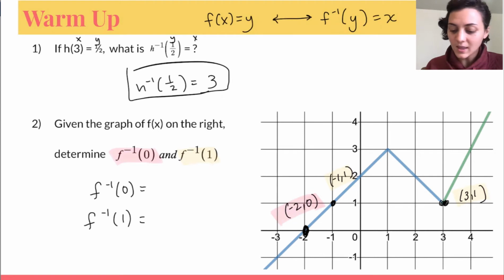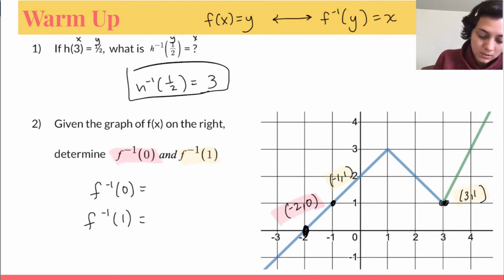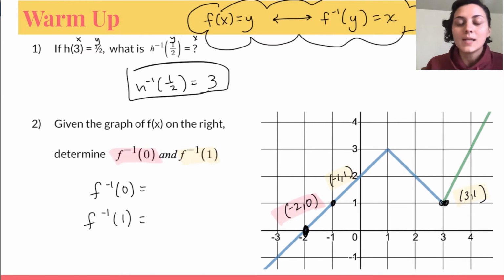So everything that I use to solve the warm-up goes back to this idea at the top. This equation up here is extremely vital. It's just the idea that when you take the inverse of a function, the dependent and independent variables switch.